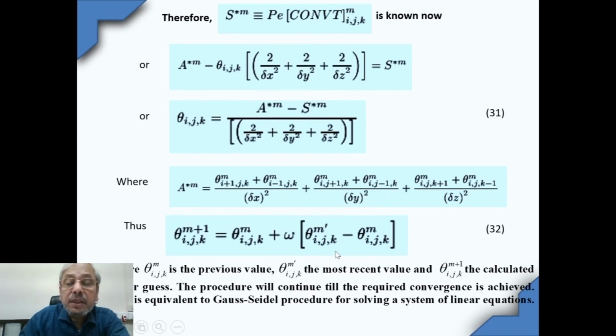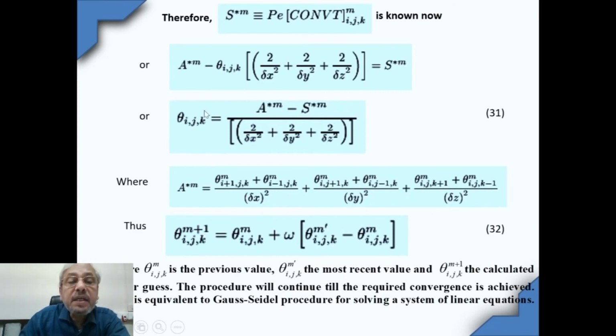Then in equation 32, theta ijk m prime minus theta ijk m, this quantity is multiplied by omega, which is again an over relaxation factor, plus theta ijk m. This is theta ijk, we can call it m plus 1.